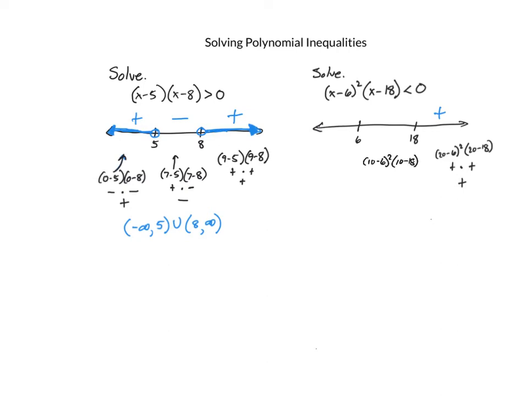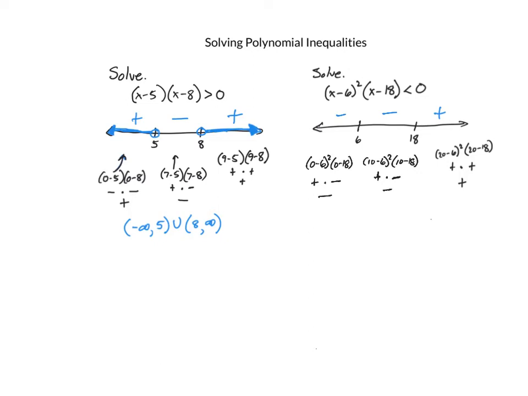I have a positive number squared, that's a positive, times 10 minus 18, that's a negative, and a positive times a negative is a negative. So let's put a minus right here. And finally, to the left of 6, I choose a number like 0. 0 minus 6 squared times 0 minus 18 means I have a positive number times a negative number, and again the result is negative.